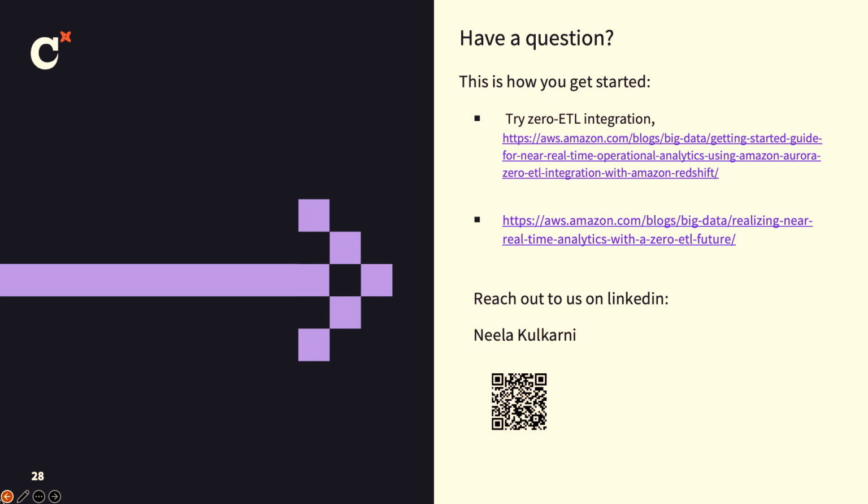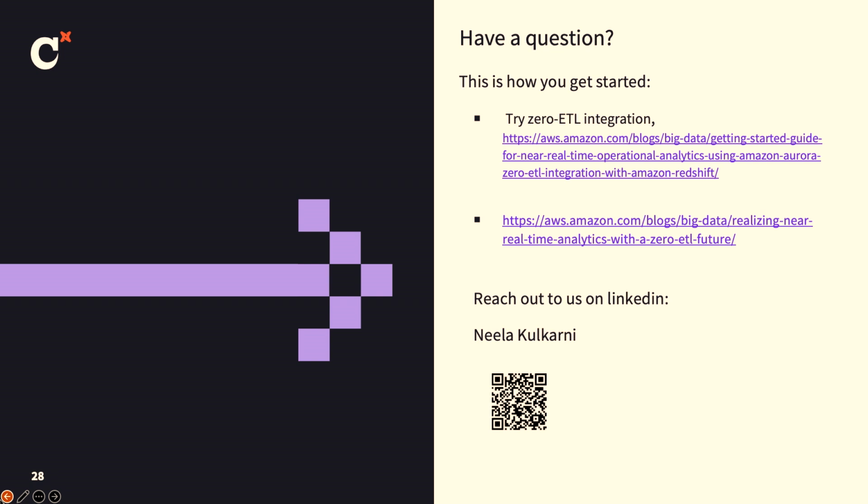The same steps that I showcased here are available. There is another blog post coming up very soon. In this particular blog post, we are only talking about Aurora and Redshift integration. But the new blog post that is coming talks about Aurora Redshift integration along with dbt. And there's also real near-time analytics for the zero-ETL future. We are here if you have any more questions.